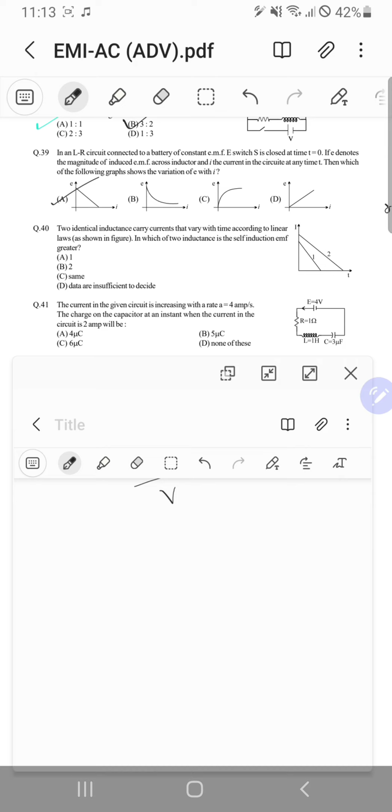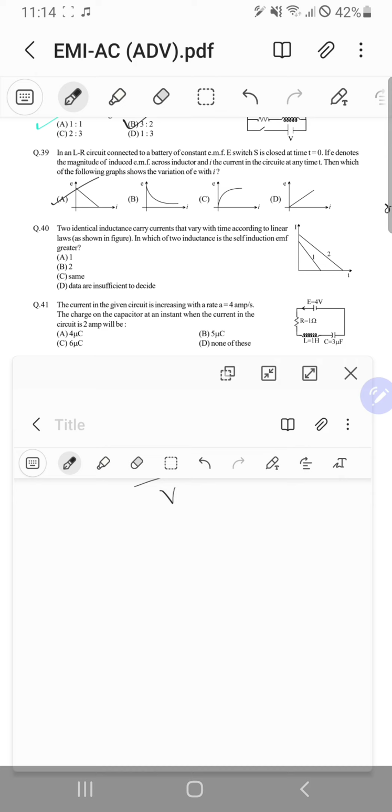In which of these two inductors is the self-inductance EMF greater? Wait, what? According to linear laws. Okay, fine, that's fine.